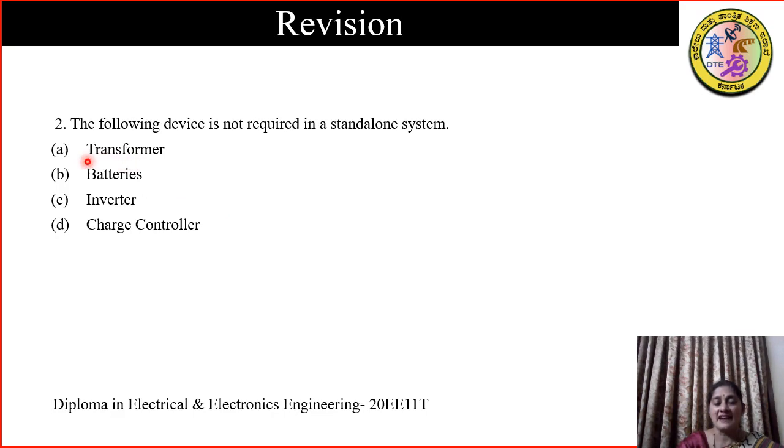A grid interactive system requires a transformer because you want to match the voltage level of the grid to the voltage level of the output of the inverter. But a stand-alone system does not have any such requirement. There are only three components, that is batteries, inverter, and charge controller. So the answer is transformer.